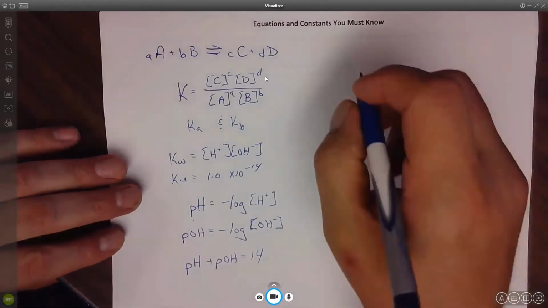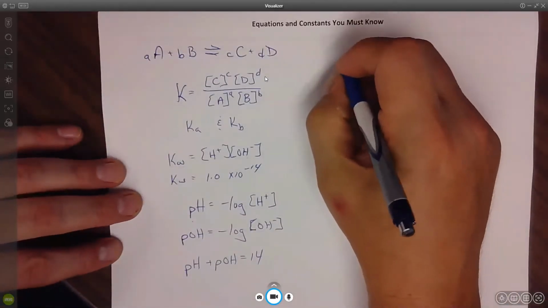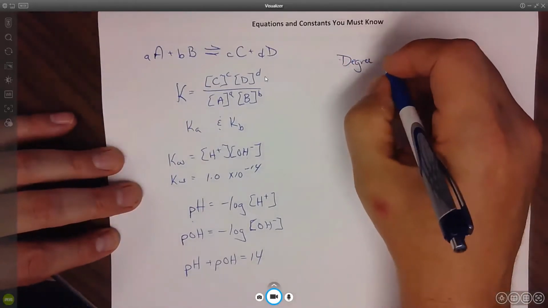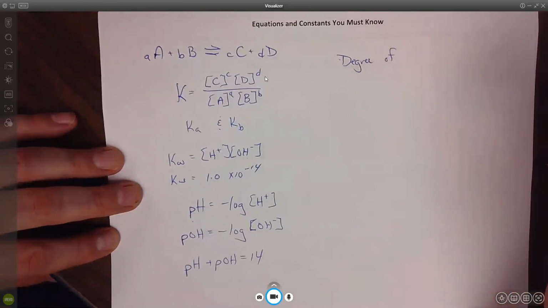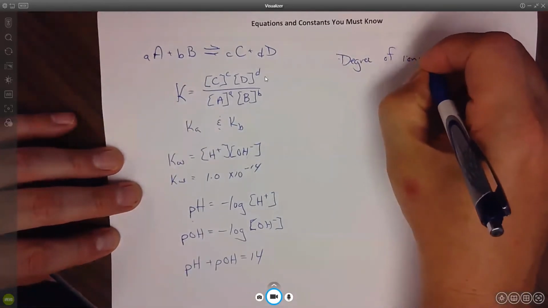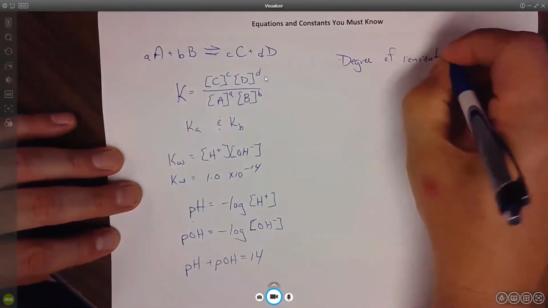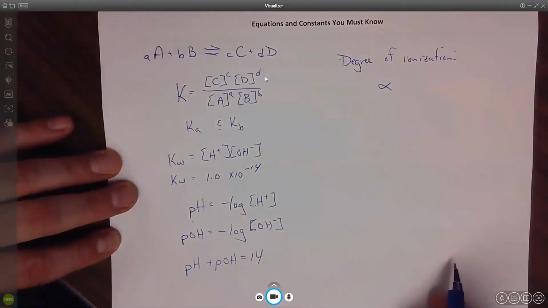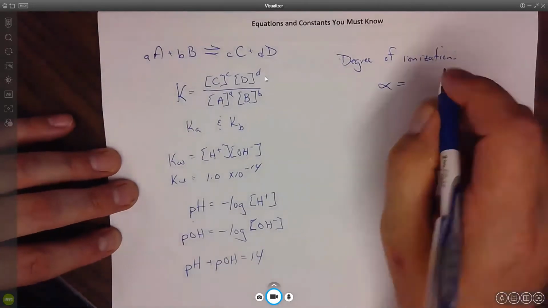We're going to talk about the degree of ionization. So in other words, how much does an ionic compound actually dissociate or react to form its ions? We call that the degree of ionization. We're just going to use an alpha as the variable to represent that.